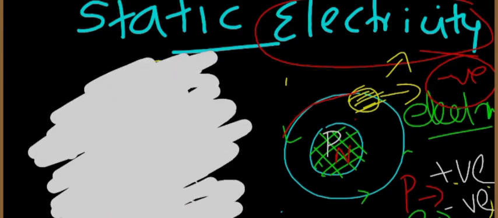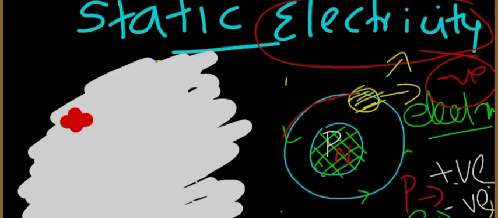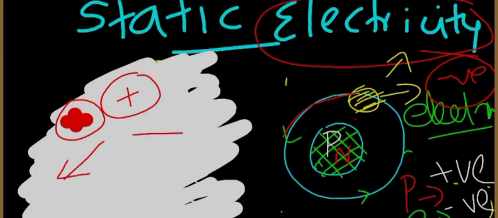Like charges means similar charges. For example, if there is a positive charge and here comes another positive charge, what happens to them? They will repel each other. One positive will go this way and the other positive will go the other way.